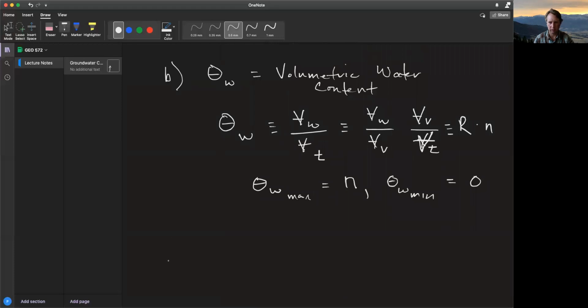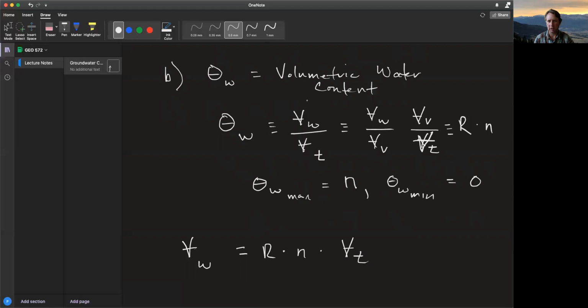All right, and we can say that the volume of water is equal to R times N times the volume total.